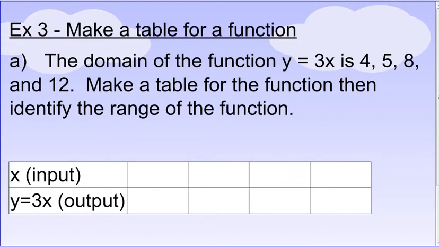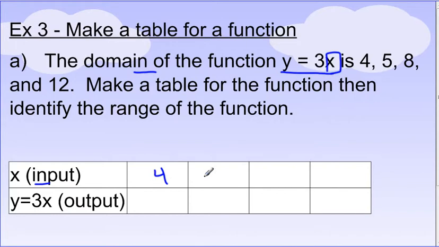Now, example 3. We want to make a table for a function. So here it says the domain for a function y equals 3x is 4, 5, 8, and 12. Make a table for the function, then identify the range. So it gives us the domain. It's giving us the input, which, by the way, the inputs of a function are the x values.